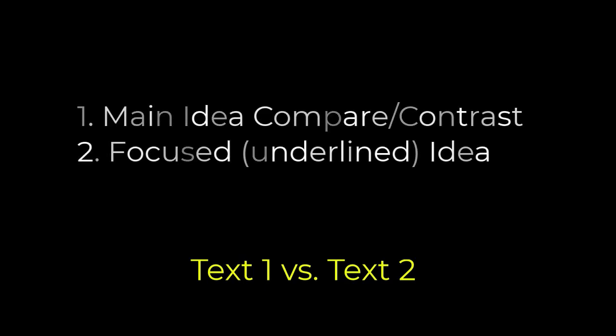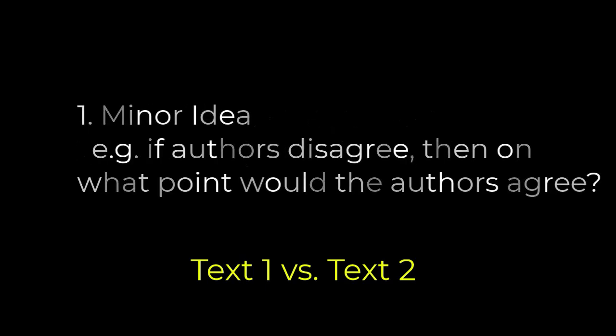And in this case, we're going to have an underlined form of the question. How would the author of text 2 respond to the underlined sentence in text 1? And we'll take a look at both examples to get a sense of how they each work. Moreover, there was another question that was sort of a minor point question in that, for example, if the two passages disagreed or were in opposition, the minor point question would be, what would the authors agree on?